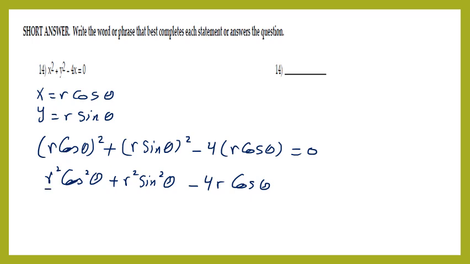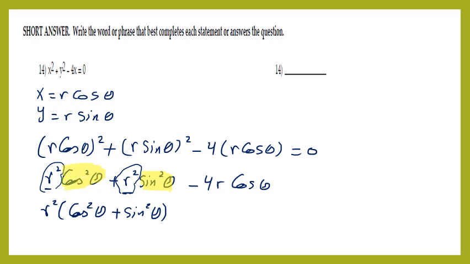If you don't know, I took r squared as the highest common factor, and what you don't know is that cosine squared theta plus sine squared theta, after taking r squared, the remainder here, guys, is sine squared, and the remainder here is cosine squared. By taking r squared outside, minus 4 cosine theta is equal to 0, and sine squared plus cosine squared is equal to 1.